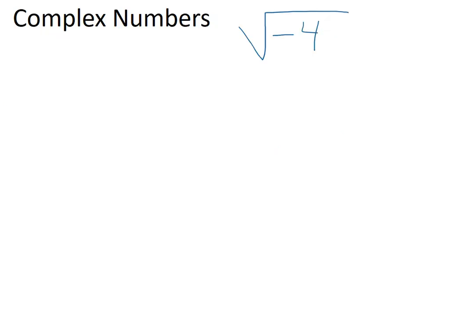We can agree that the square root of -4 is not a real number, and eventually we will classify it as a complex number that we described earlier. Now, how do we deal with these?